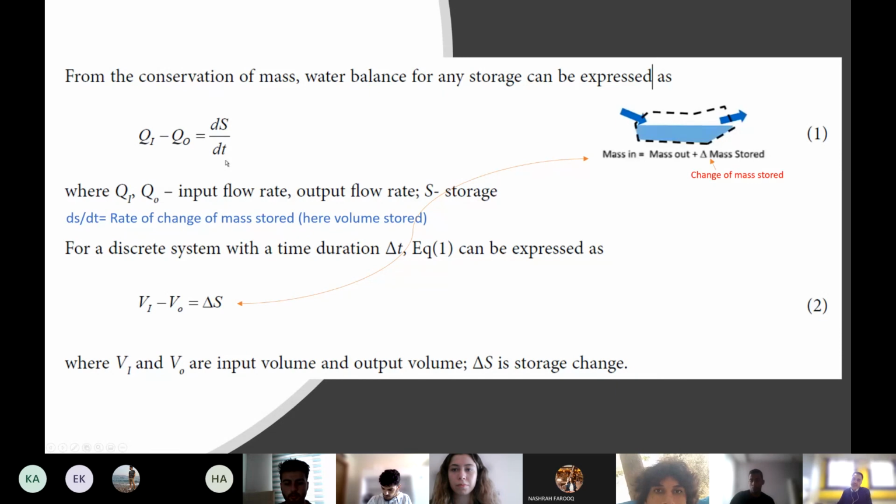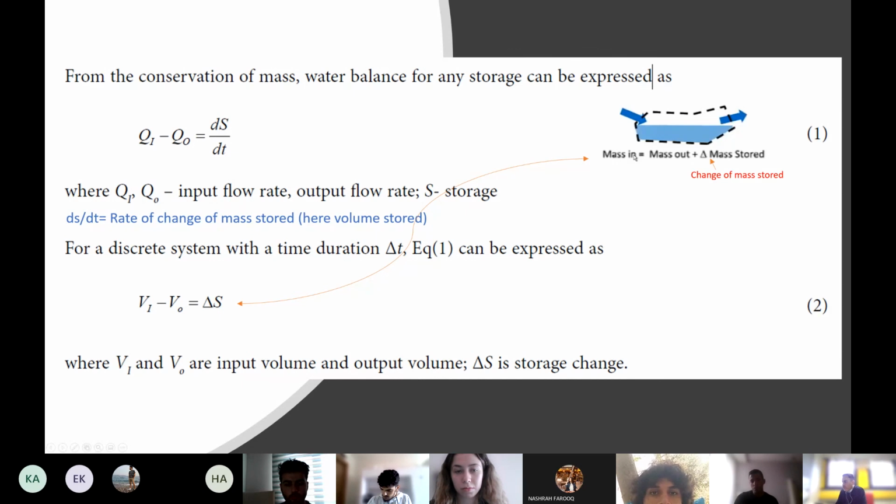Based on water balance, we can do some designs. So let's go more into detail about water balance and conservation of mass, and extract a formula that we will use to calculate water balance in small control volumes.